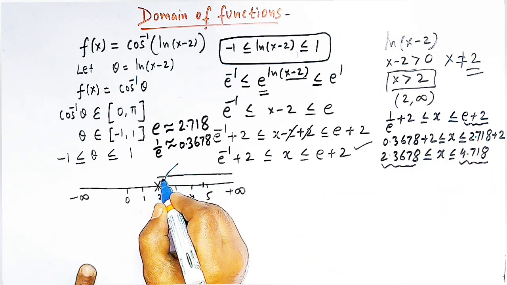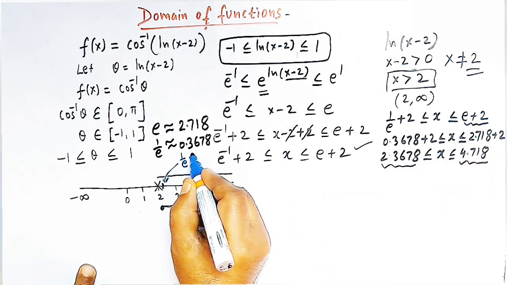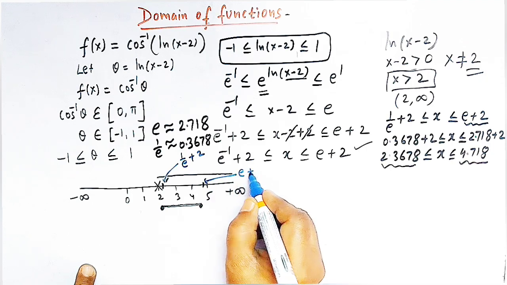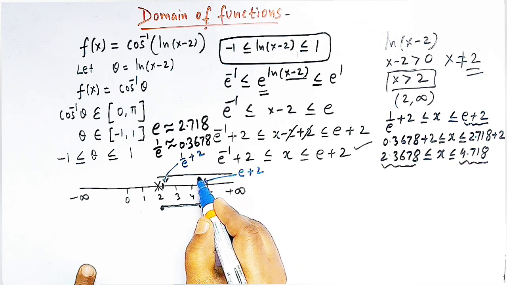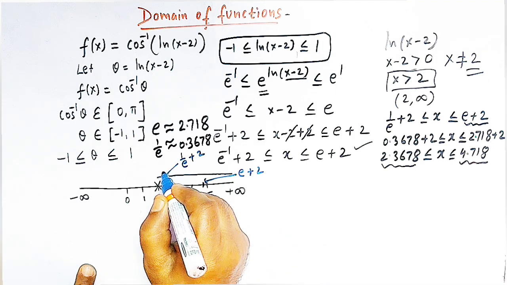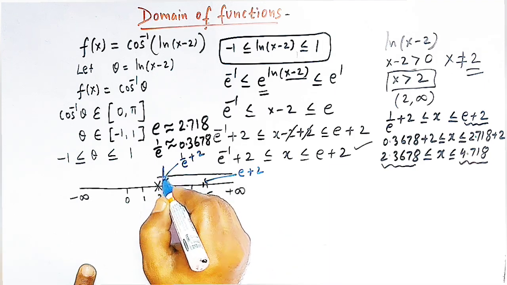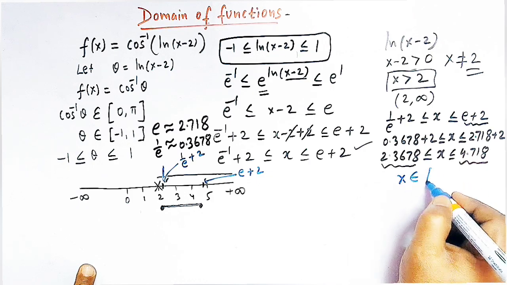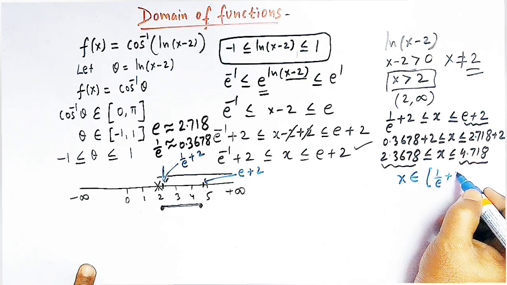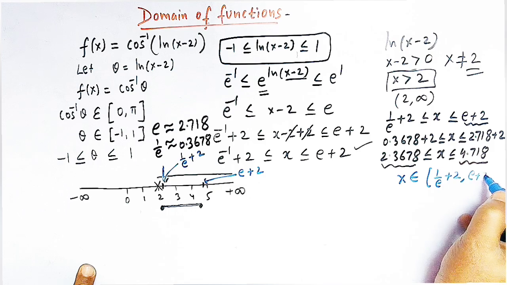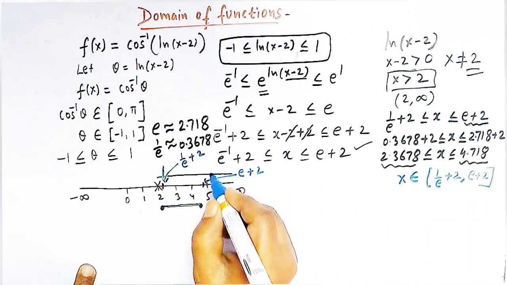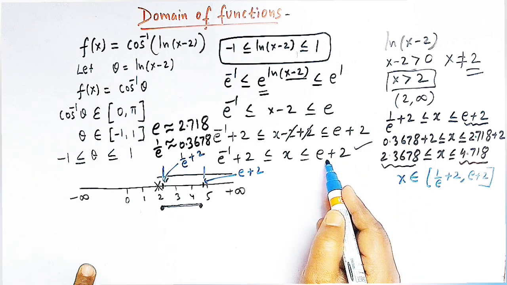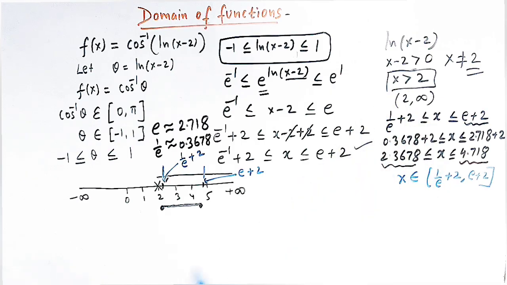So this number is 1 over e plus 2, and this number is e plus 2, and from these two regions we can easily conclude that this interval, x belonging to 1 over e plus 2 to e plus 2, is the region which is common to these two inequalities, right?